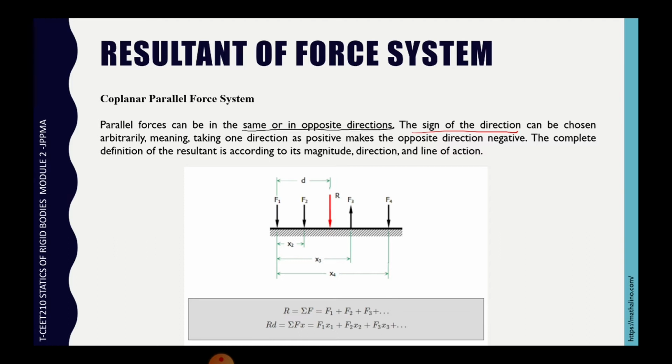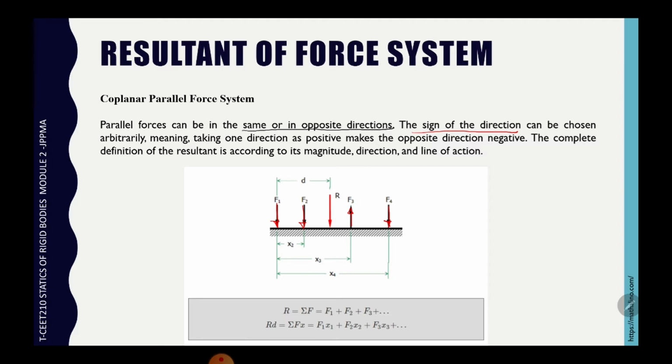So ang formula naman nitong coplanar parallel force system is yan. Since they are acting parallel to each other, ayan, makikita natin may forces going down, tapos may forces going up, and forces going down.